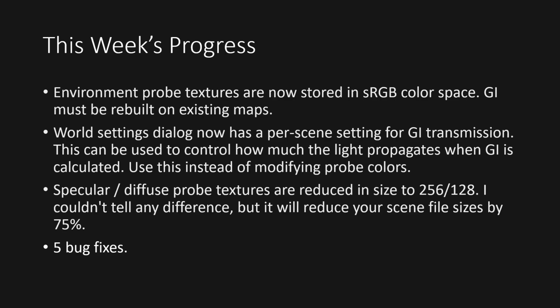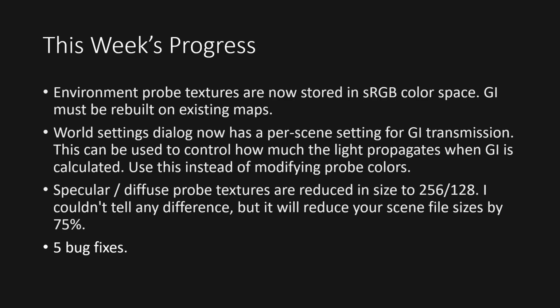Then it renders another pass using the environment probes from that, and then it renders a third pass. When you have those three passes, it simulates light bouncing around pretty well. But the GI transmission level controls how strongly the light bounce effect is.